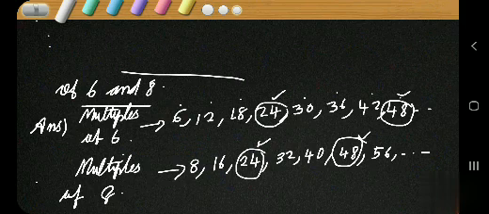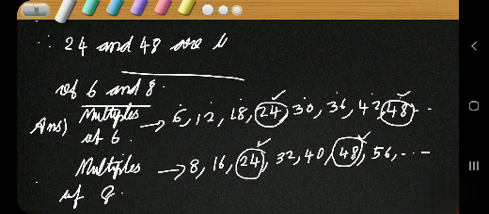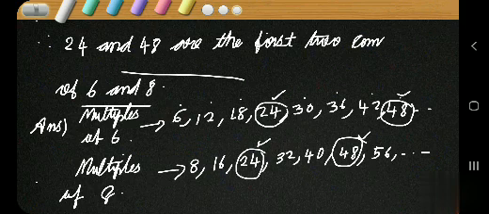So please write down. Therefore, 24 and 48 are the first two common multiples of 6 and 8.